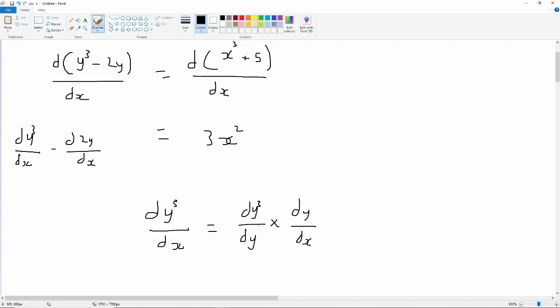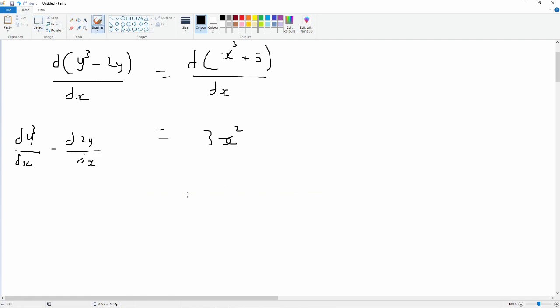And you can see visually how that works, because if you imagine they're fractions, even though they're not fractions, these cancel out and you just get dy cubed by dx. So we can do the dy cubed by dx nice and easily.